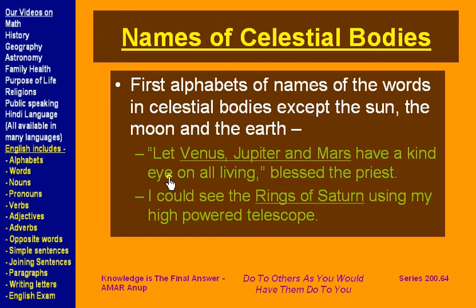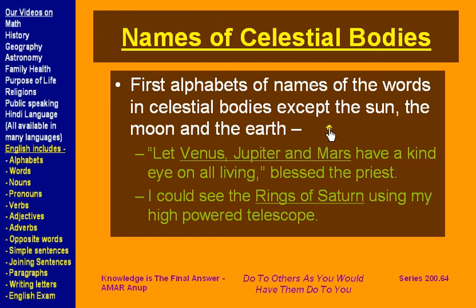So the bodies that are in the sky as planets, etc., if they have a name, then the first alphabet of that name is capitalized, except the names of the sun, the moon and the earth, which are not capitalized. Remember that S in sun is not capitalized, M in moon is not capitalized, and E in earth is not capitalized. This is important.